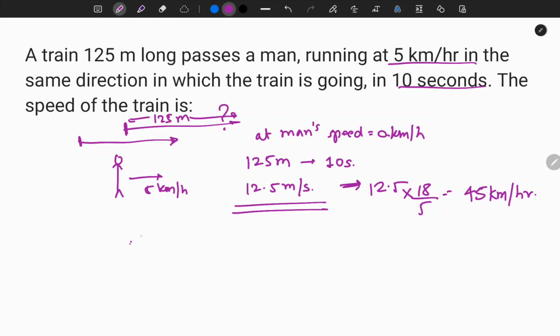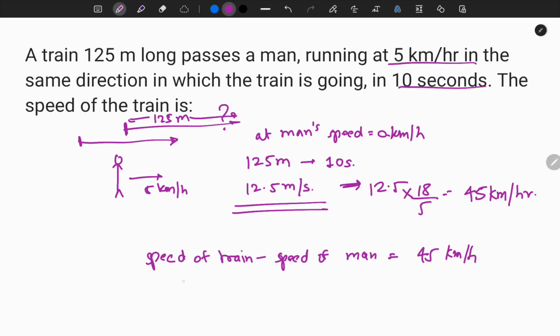Now imagine the train is going relatively at 45 kilometers per hour, but the man is also running at 5 kilometers per hour. So what that means is that speed of train minus speed of man is 45 kilometers per hour, because the man is making it harder for the train to cross.